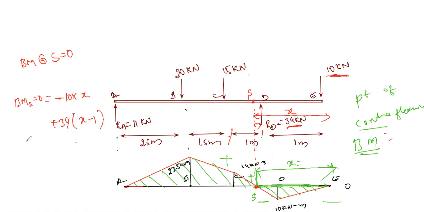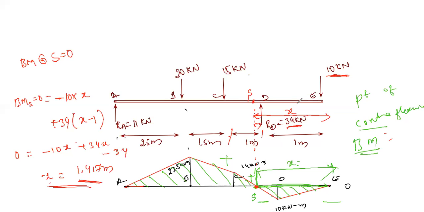Now simplify this equation: 0 is equal to minus 10x plus 34x minus 34. So x is around 1.417 meter. So the point of contraflexure occurs at a distance of 1.417 meter from the point E.